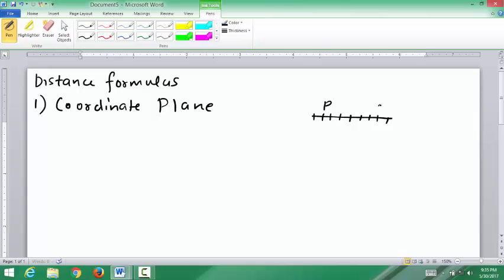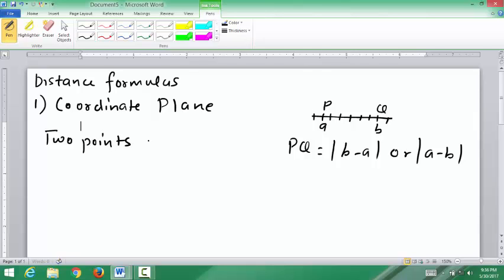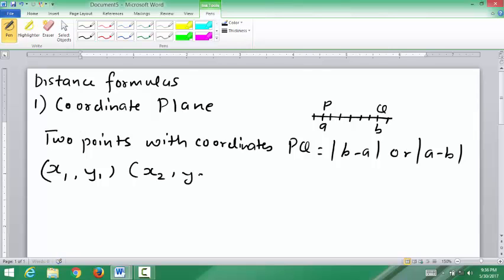This is P and this is Q. Now let's suppose this is A and this is B. So PQ will become A minus B. The distance between the 2 points with coordinates x1, y1 and x2, y2.